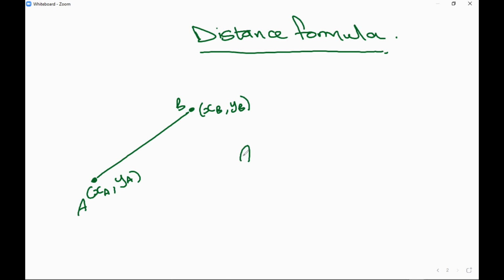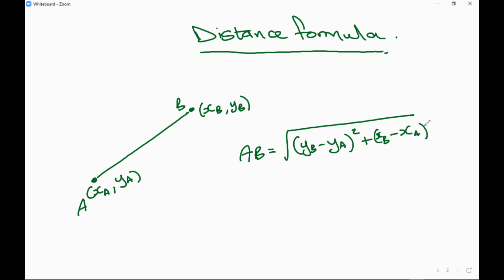The distance formula AB is the square root of YB minus YA plus XB minus XA whole square. And remember, this is built on the foundation of Pythagoras theorem.